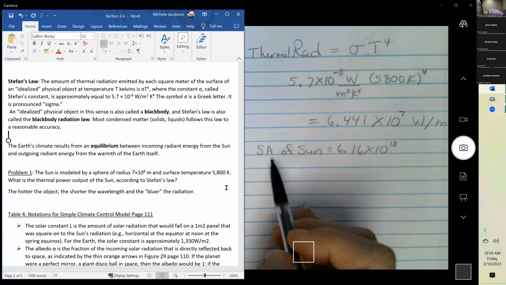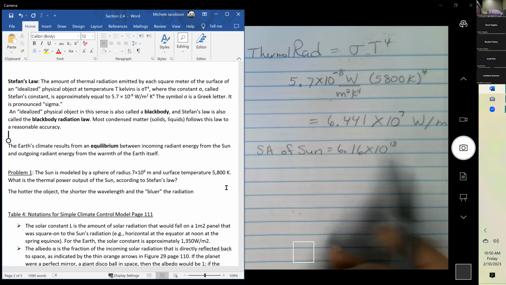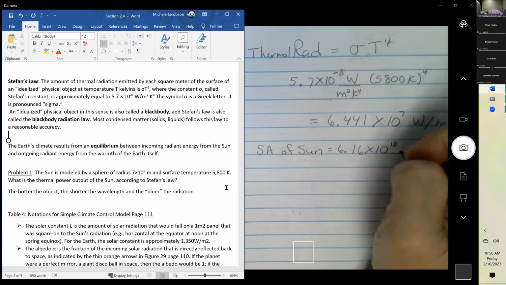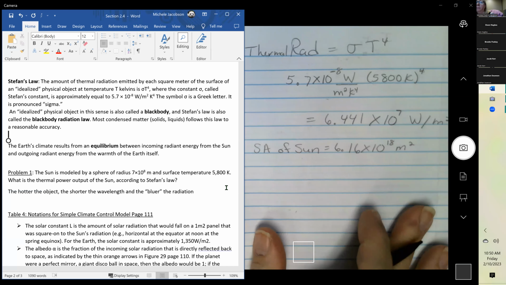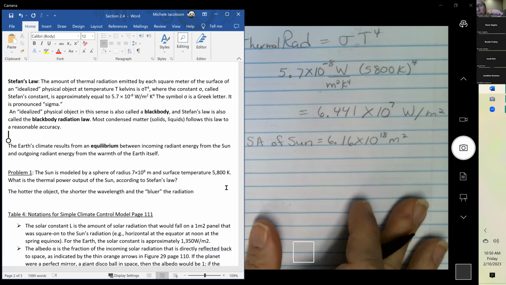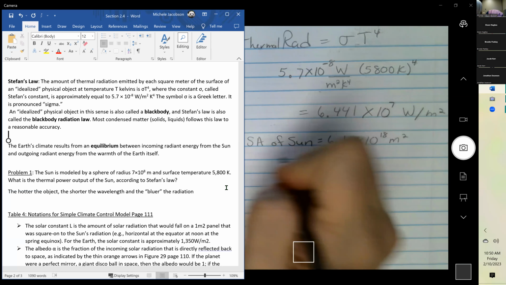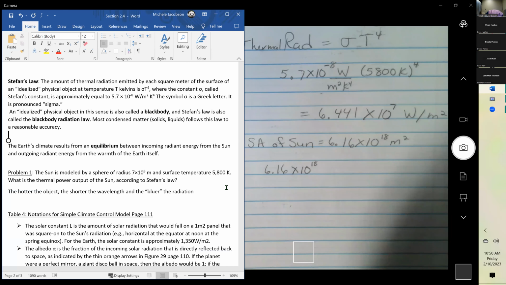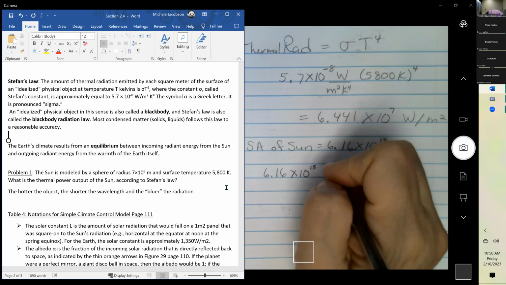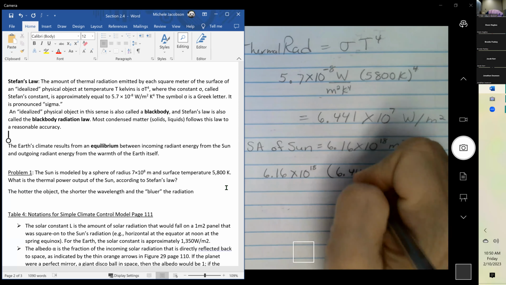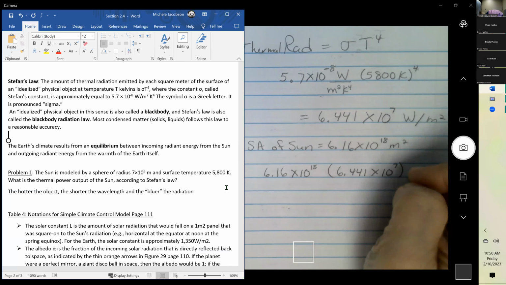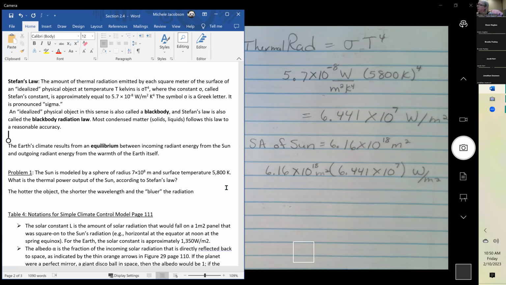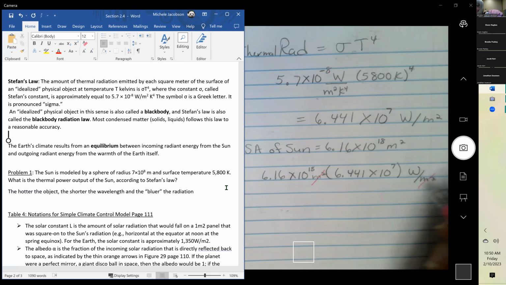So if you search for surface area of sun, this is what you're going to get. Multiplying these together then will give us the watts, because this is also meters squared. Because our meter squared will cancel and leave just watts.